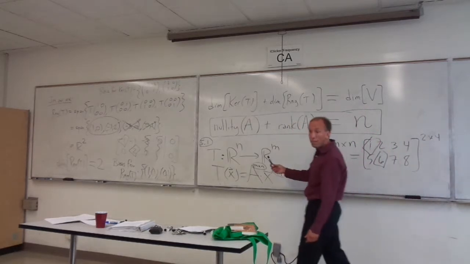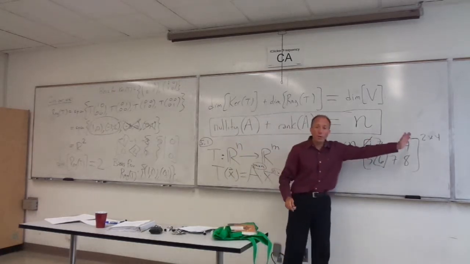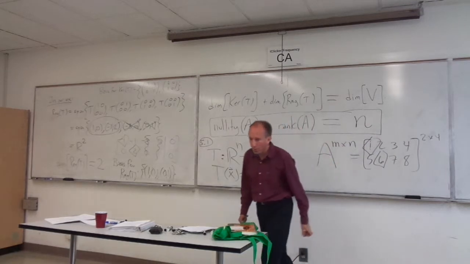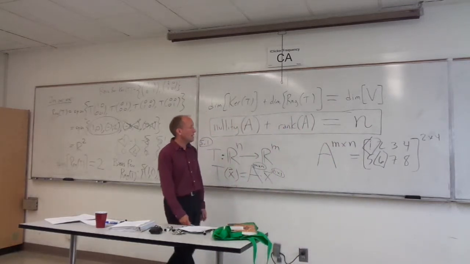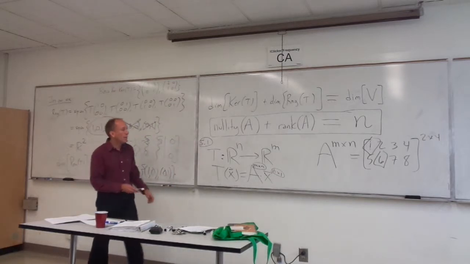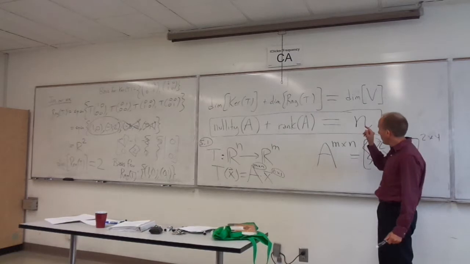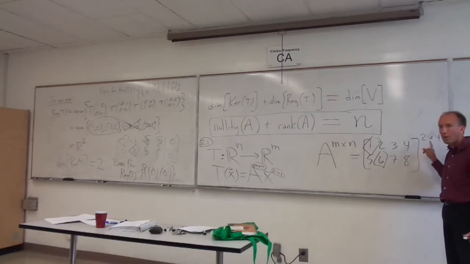And the number of unpivoted columns is also 2, which are the 3rd and 4th columns. And it adds up to 4 columns. Okay? So that's all I'm trying to say here. But then this matrix gives you a transformation from R4 to R2.